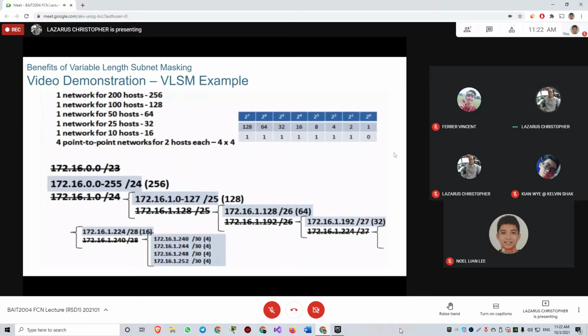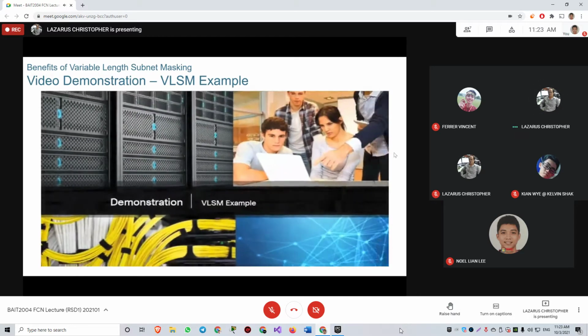In the end, we've created 9 subnets of different sizes: a 256, a 128, a 64, a 32, a 16, and 4 host subnets. This is VLSM, and it allows us to create subnets or networks specific to the needs of the network. All right.